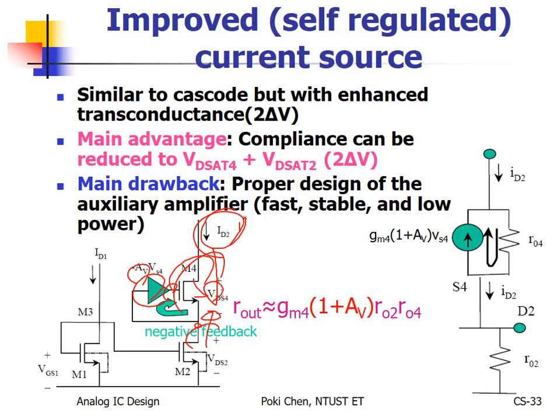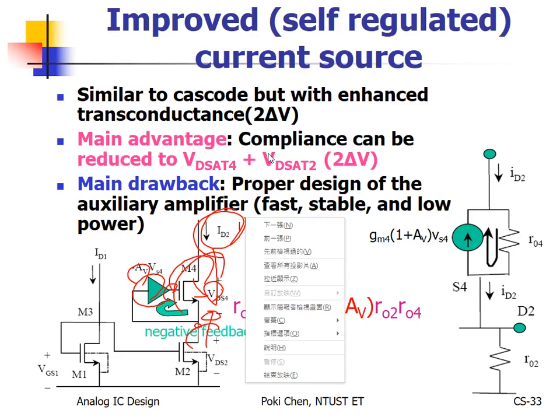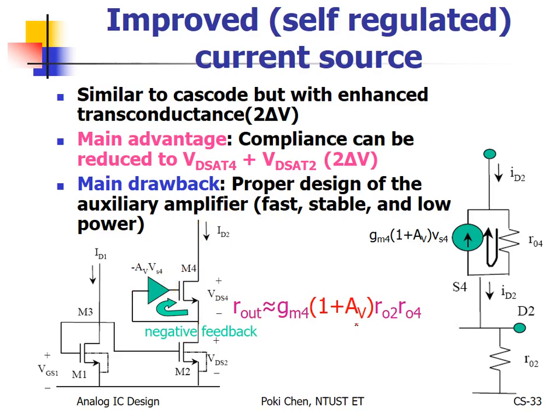From the beginning, ID2 would like to be increased, right? But after, I told you again, that is a very good practice for yourself. If something happened to increase it, and this is also increased, and the voltage is also increased, through negative amplification, the gate will be decreased. VGS will become smaller. It means what? The current will also be reduced. So the tendency here and there is totally different. We call it negative feedback.